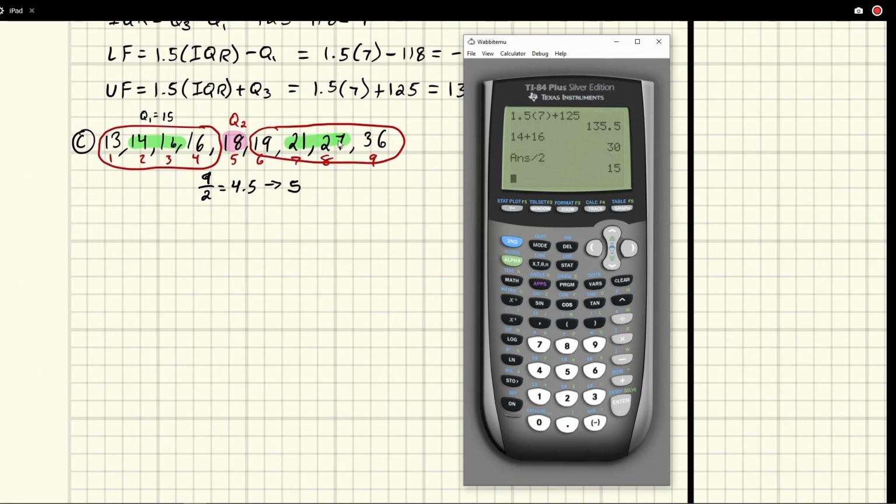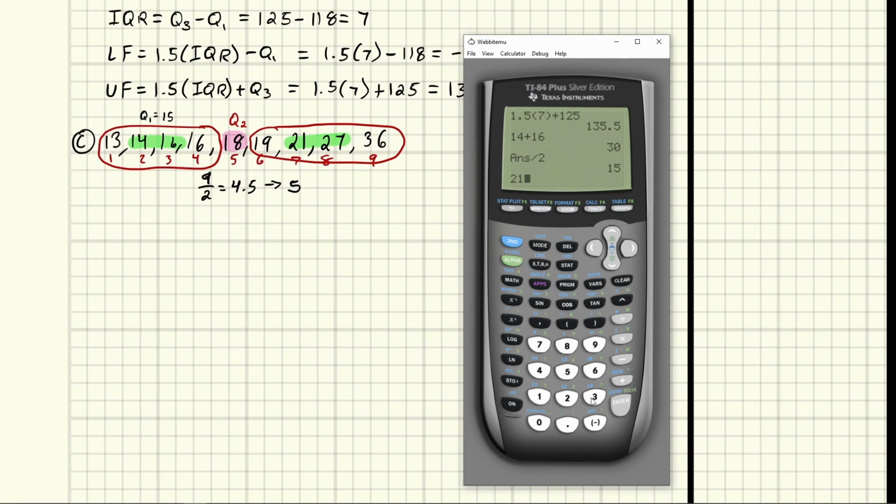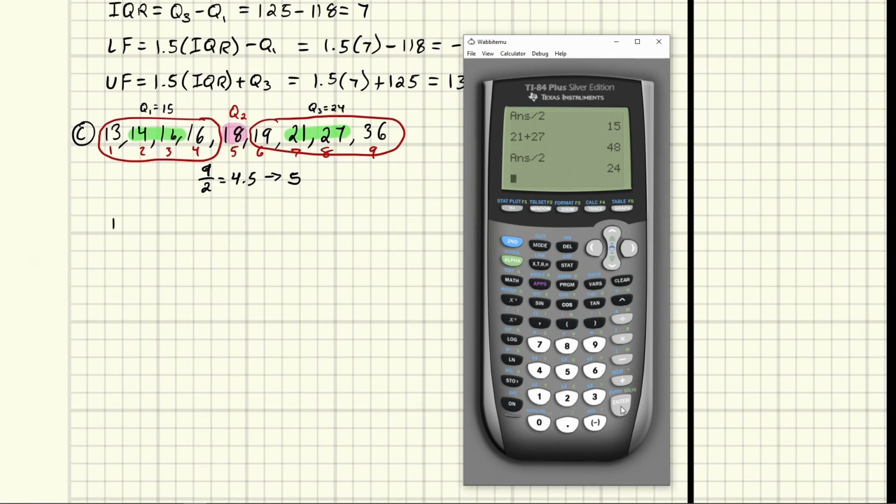This one's a little harder to see, so we'll use the midpoint formula: 21 plus 27 divided by 2. We get 24. So our third quartile is equal to 24. Our interquartile range is the third quartile minus the first quartile, which is 24 minus 15. So we get 9.